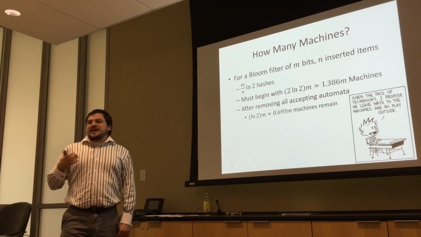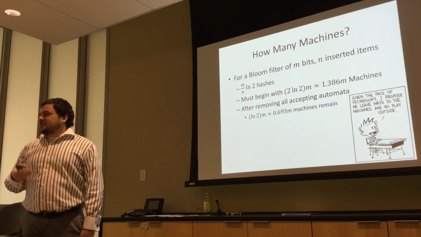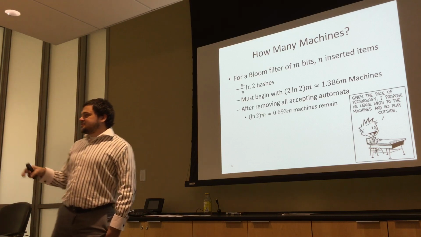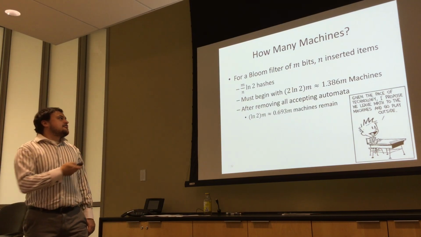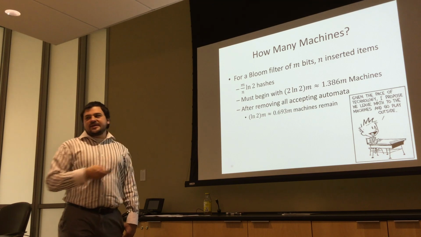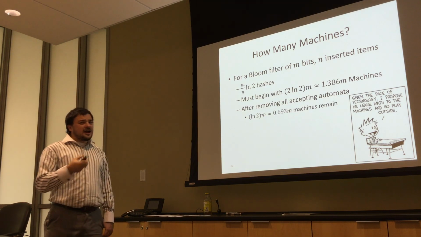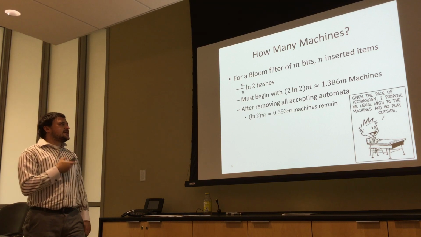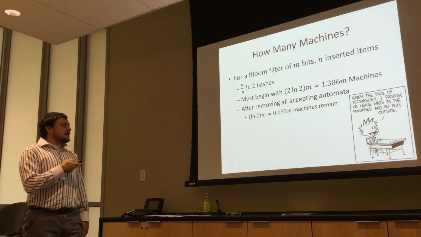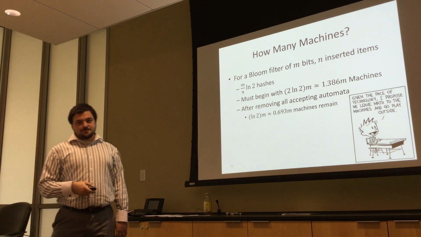So now we need to look at how many automata we need to simulate in order to mimic the behavior of traditional Bloom filters using this automata-based approach. So if we have a Bloom filter where the bit vector had m bits and we inserted n items, a prior result actually shows that the optimal choice for number of hash functions is m divided by n times the natural log of 2.